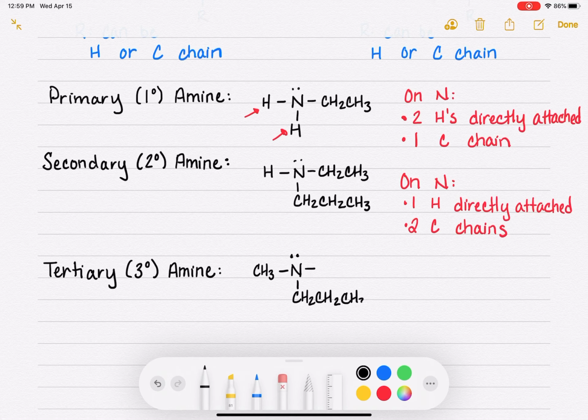And maybe they'll all be the same. Maybe 2 will be the same and 1 will be different. I've drawn one where all 3 of them are different. So for our tertiary amine on the nitrogen, we have 0 hydrogens that are directly attached to the nitrogen. And we have 3 carbon chains.